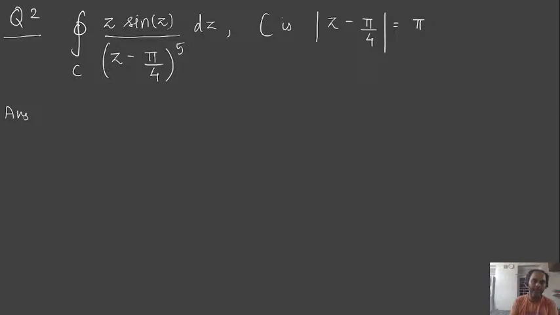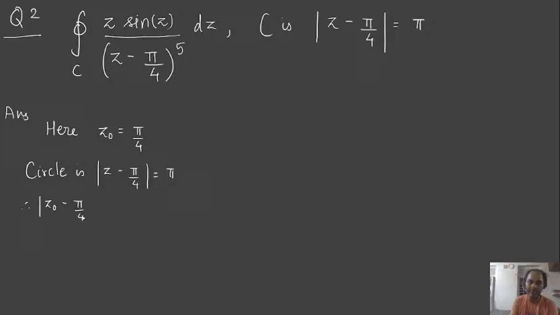We have got that. So here we now check z naught is equal to pi by 4. Circle is z minus pi by 4 equal to pi. So what do we do? We now check z naught minus pi by 4. So that is going to become pi by 4 minus pi by 4.